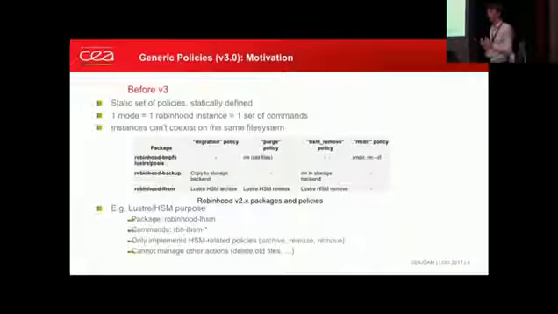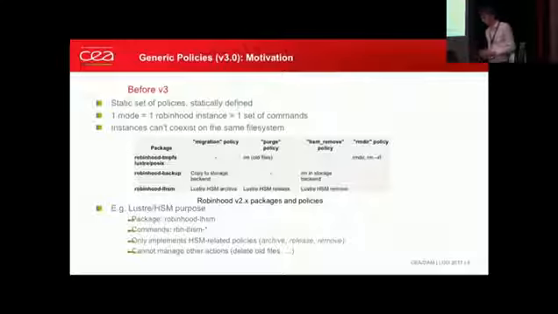For instance, if you used Robinhood as a temporary file system manager, the purge policies meant the removal of the older files. With the Lustre HSM flavor of Robinhood, the same purge policy meant the release, in the HSM sense, of those files.